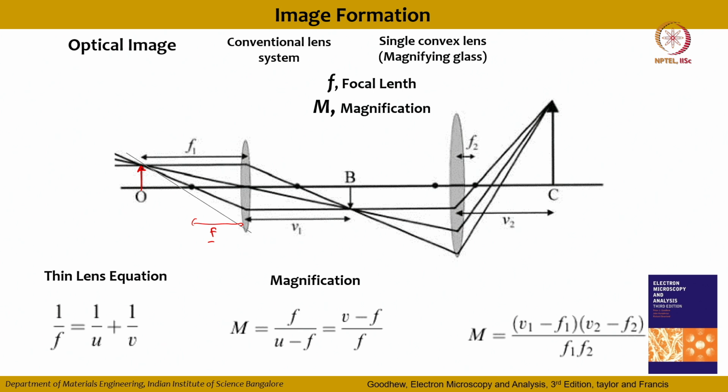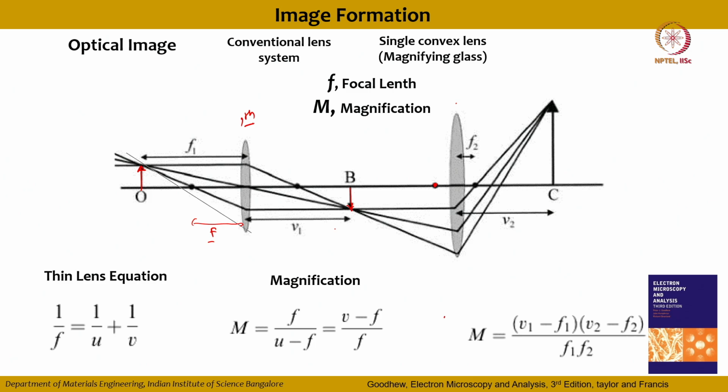Assume it is the focal point of the first lens, and there is a second lens which is introduced after the inverted image of the object, which has a focal point f2. Fine.